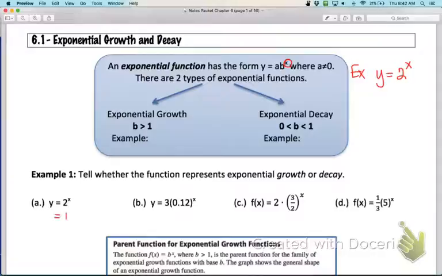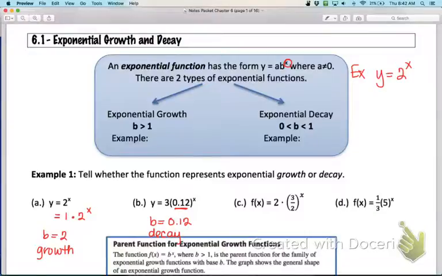Well, that we can think of as 1 times 2 to the x. So the b is 2, which means this is exponential growth. If we look at example B, this is 3 times 0.12 to the x. That means b is equal to 0.12, and since that's between 0 and 1, this one is decay.